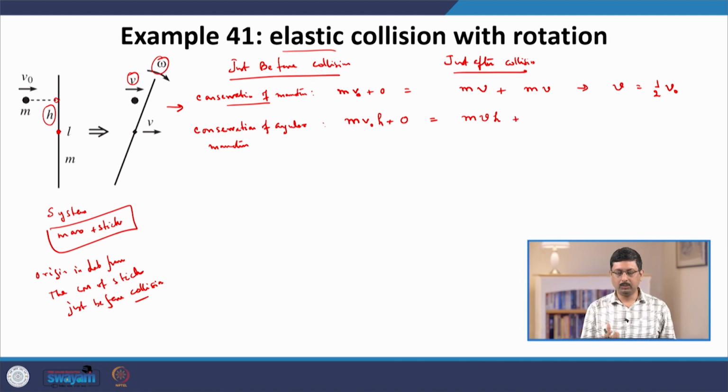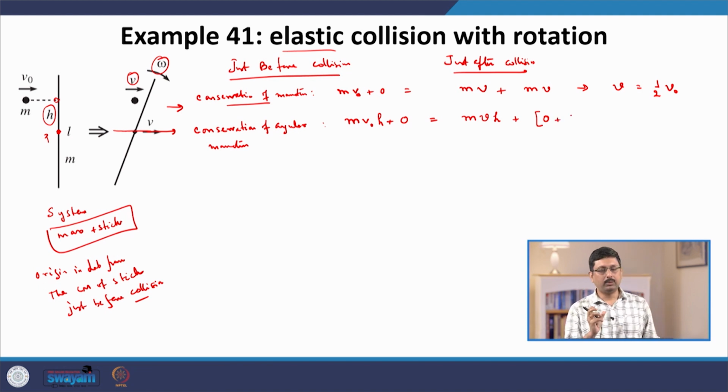So what is the angular momentum of the stick? The rule that we have used is that this is the angular momentum of the center of mass plus the angular momentum about the center of mass. The center of mass is moving along a line that passes through the origin, so the angular momentum of the center of mass about this point is 0.